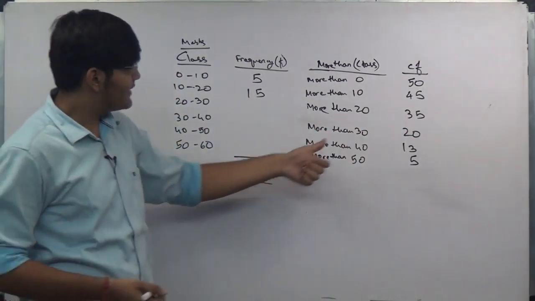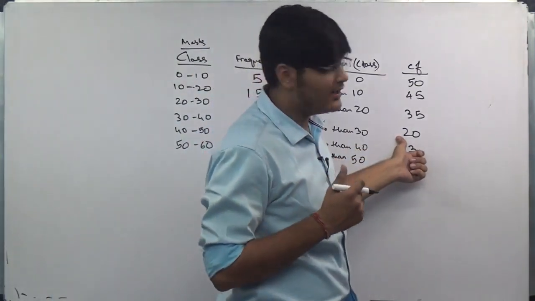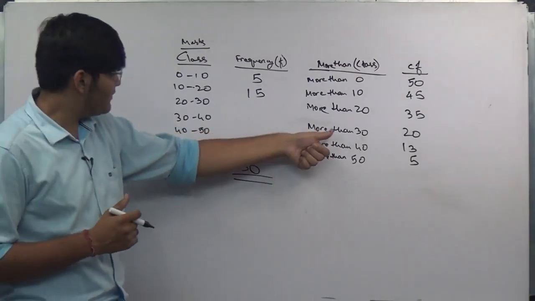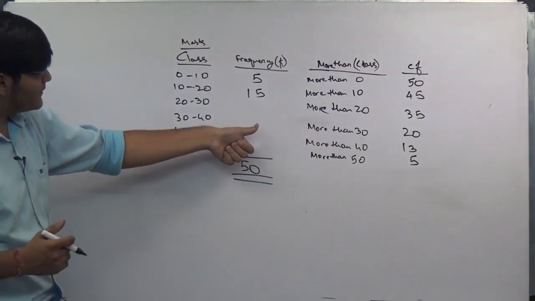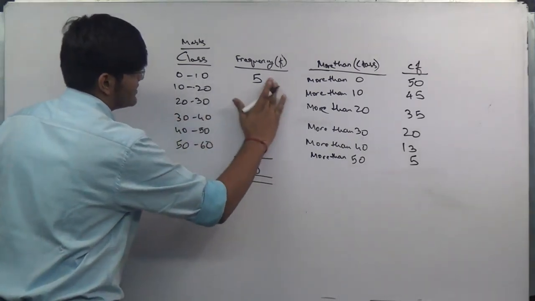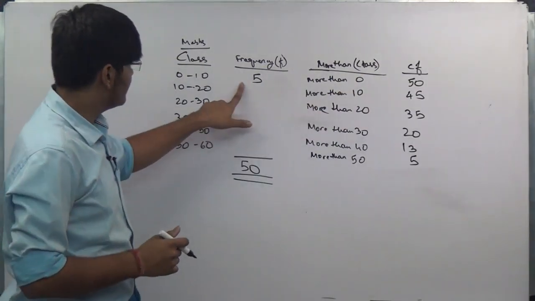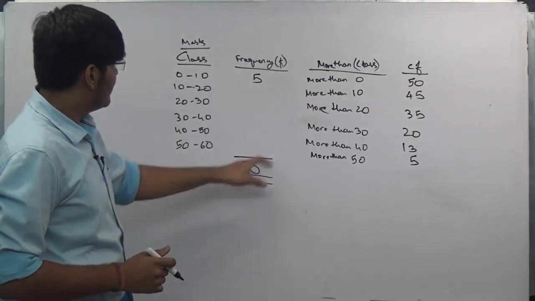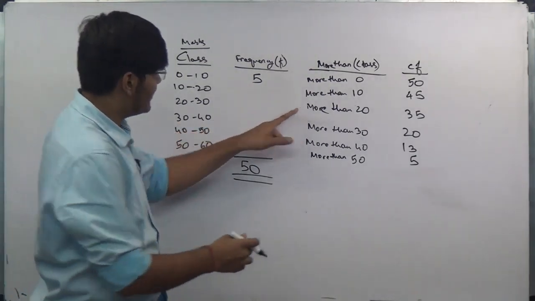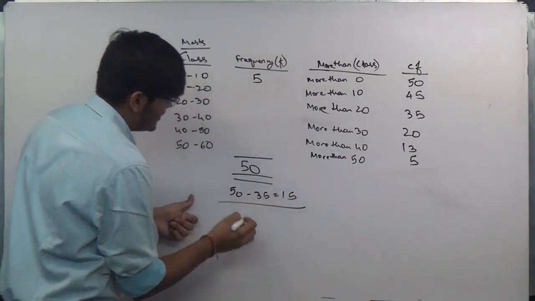Then more than 30. That means how many people have scored more than 30 is 20. So whatever is below that is people who have scored below 20. Here also we need to do a correction. Okay, let's just cross check it. This thing comes down to 5. More than 20, if we reduce 50 minus 35, it is giving us 15.